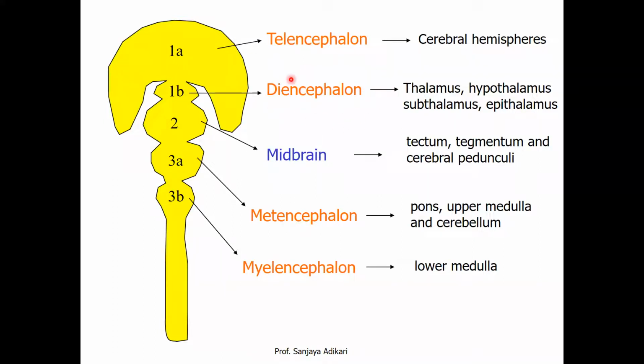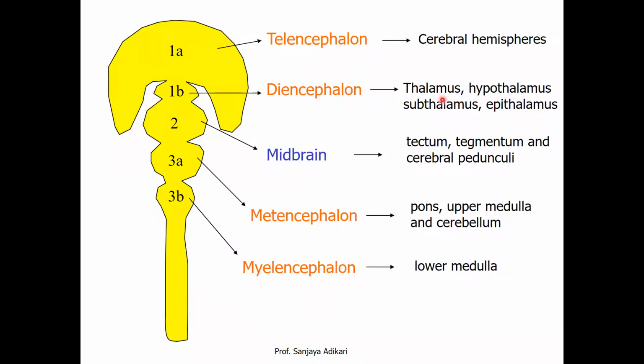I don't know whether you use this term when you learn the structure. Again, you don't have to remember all this telencephalon, diencephalon, metencephalon, myelencephalon. This is for technical, educational purposes. Just remember that the second part actually consists mainly of the thalamus and hypothalamus. For completeness, I have added the other two also, subthalamus and epithalamus.